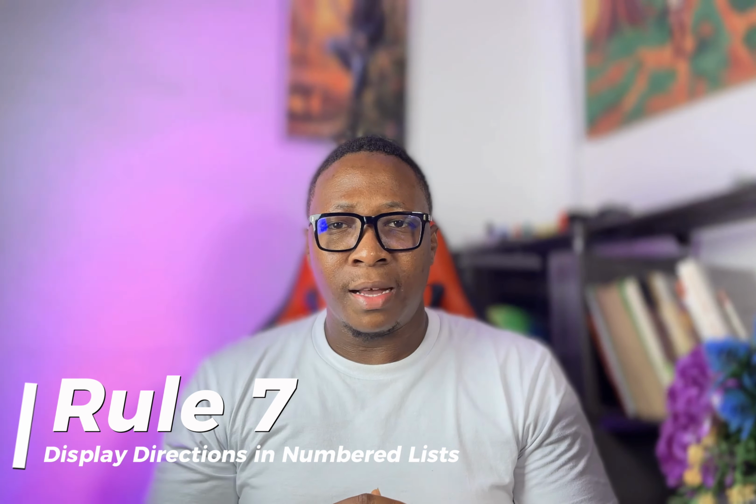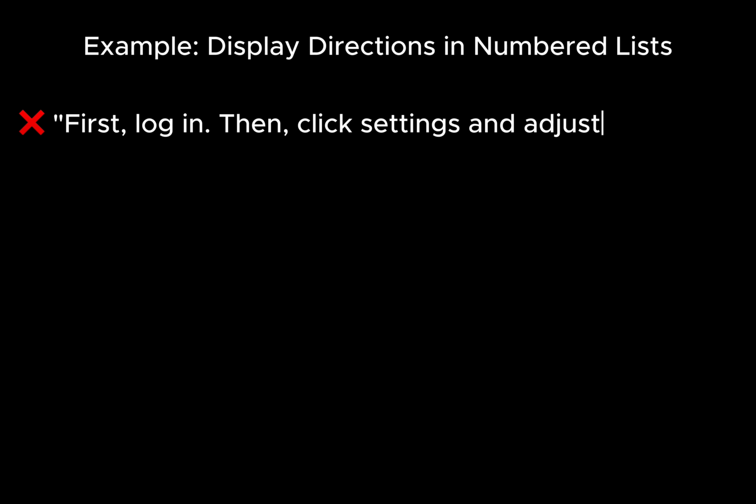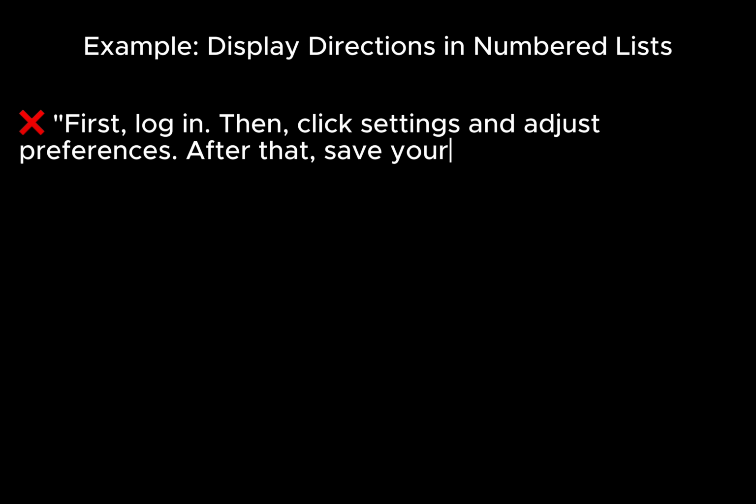Let's take a look at that example. Let's say you have a content, you want to show a direction, and you say first, log in, then click settings and adjust preference. After that, save your changes. All this would have been made easier if you tell the audience to do this as numbers, like steps.